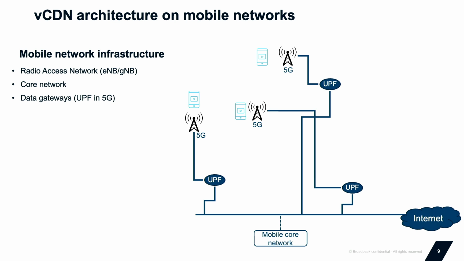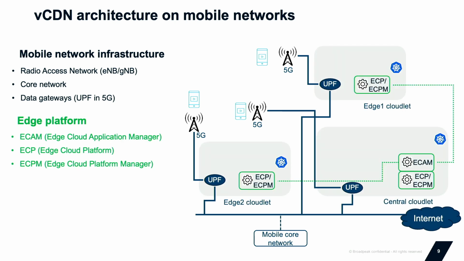The second building block of the architecture is the edge platforms that are distributed across the mobile network. In this example, we have three different edge platforms, which we also call cloudlets: S1 on the top, S2 on the bottom left, and Central on the bottom right. In these cloudlets, there are edge enabler functions, for example ECAM, ECP, ECVM.